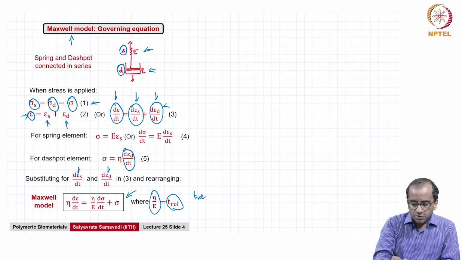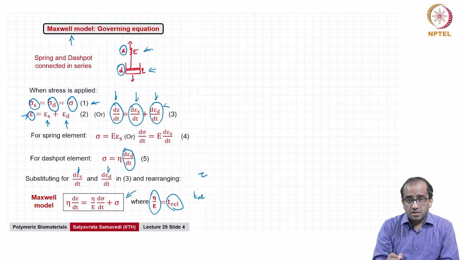In some textbooks, you will find the symbol tau being used. I'm avoiding using the symbol tau because, depending on the context, it can refer to different things. So we are explicitly using the notation T sub rel and not using tau. It's sort of ironical how we are constrained by Greek symbols.